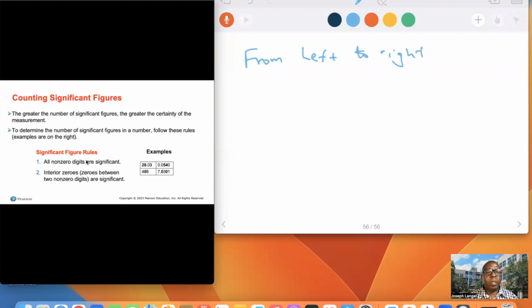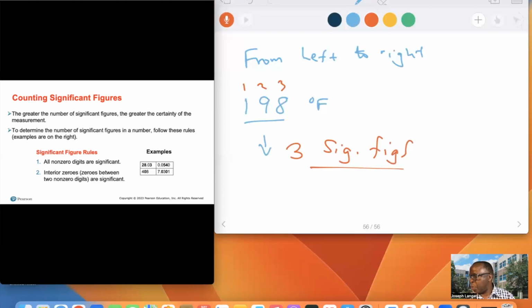All non-zero digits are significant figures. For example, 198 degrees Fahrenheit. This is 1, 2, 3. We found 3 significant figures, or significant digits, it's the same thing. They are non-zeros. 1 is a non-zero, 2 is a non-zero.